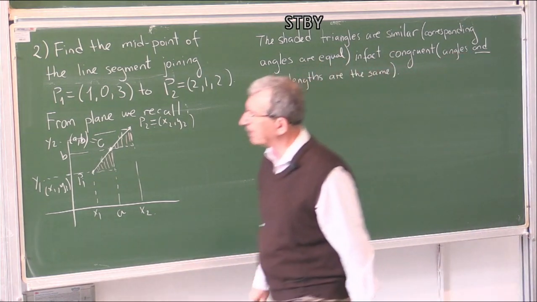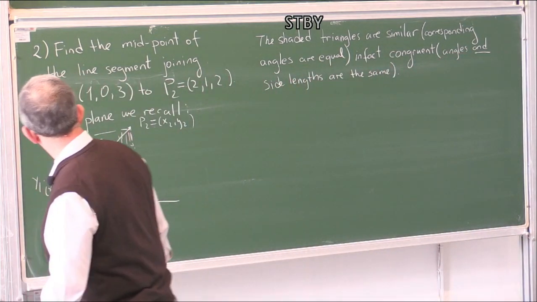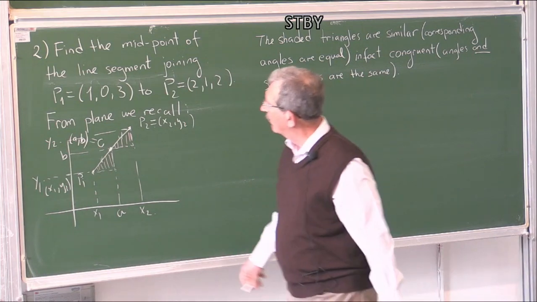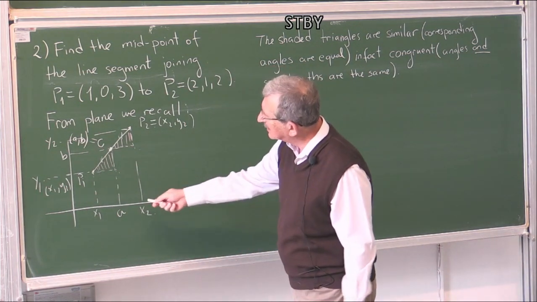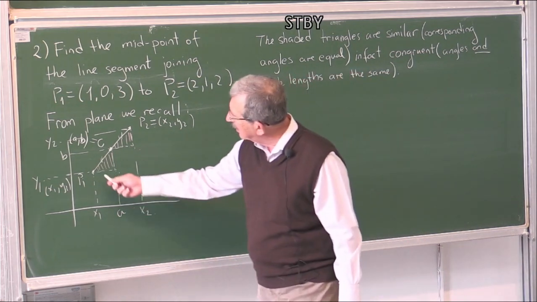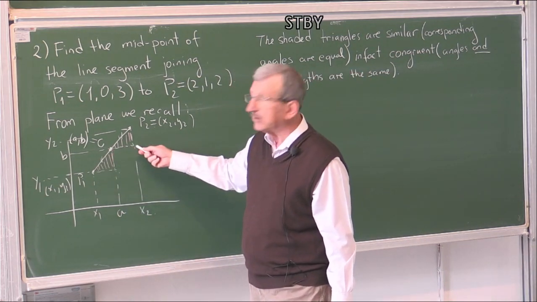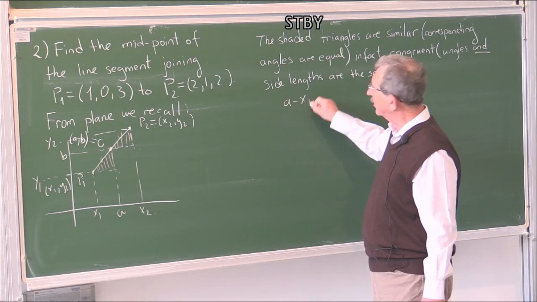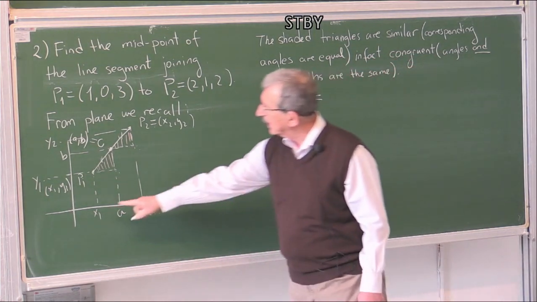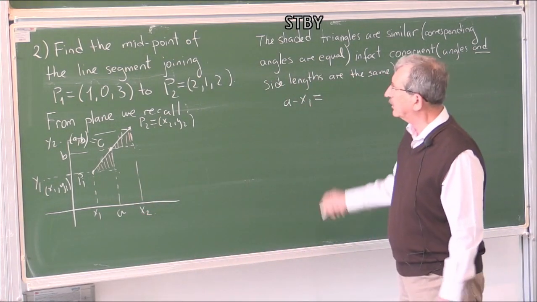Now, because all side lengths are equal, this tells us, for example, that these bottom lengths are equal, so a minus x1 is the same as x2 minus a.